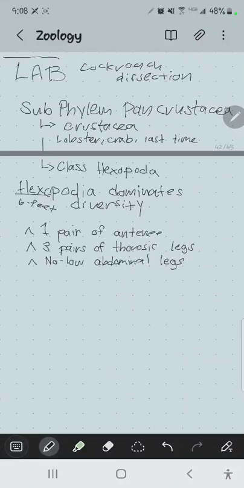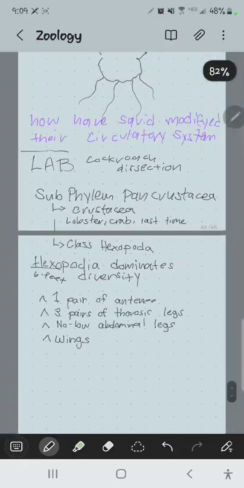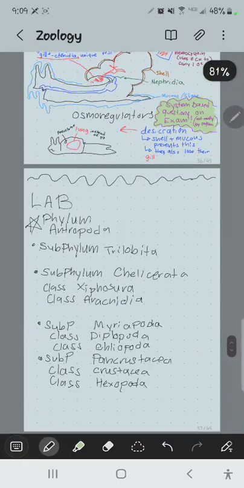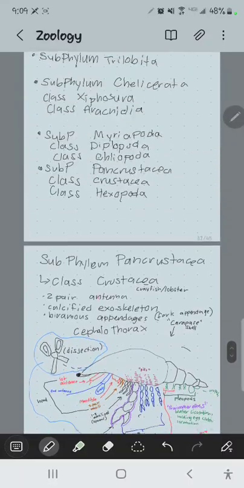Then we have the evolution probably in the late Devonian, certainly by the Carboniferous. Basically wings appeared. And I'll talk about what the origin of the wings are, but wings basically essentially gave this organism the ability to disperse, occupy new habitats, and incredible adaptation to flight.